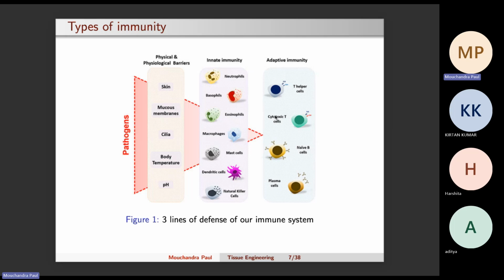So they engineer a very hard line of defense, which that pathogen can hardly pass. Okay, so at this point, most of the pathogens will get killed. So these are the three lines of defense that our immune system has.